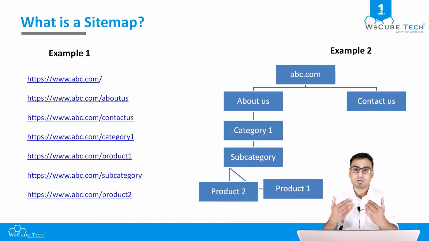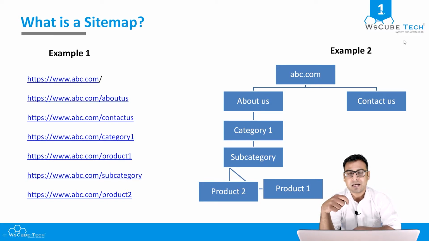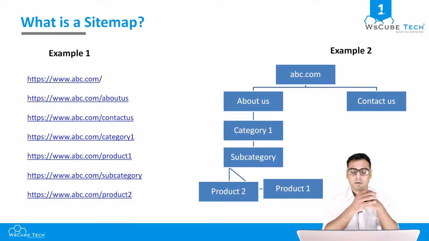We never want a crawler to know about our website in the way I have shown in example number 1. It is unorganized. In example number 2, the structure of the website is more organized, and the crawler will know our website better. So this is the basic difference between these two structures of the website.